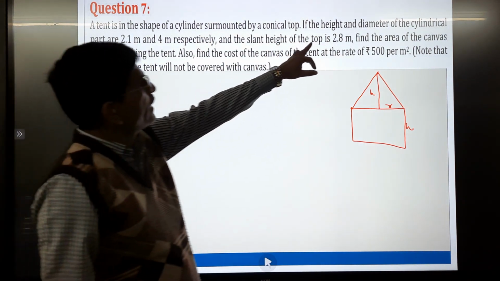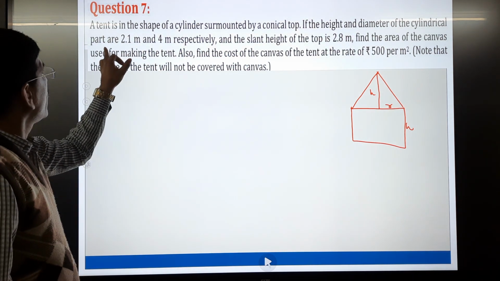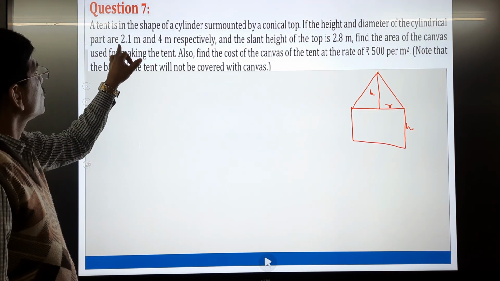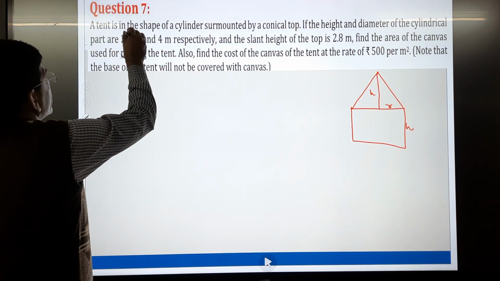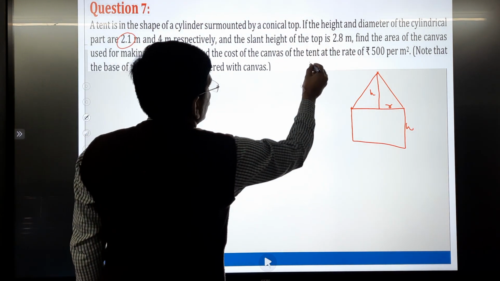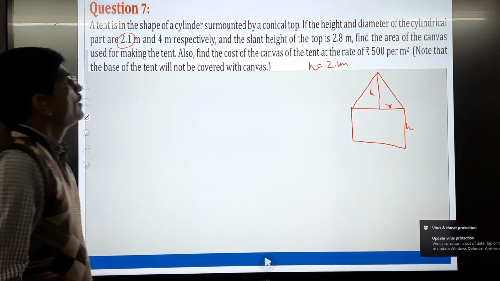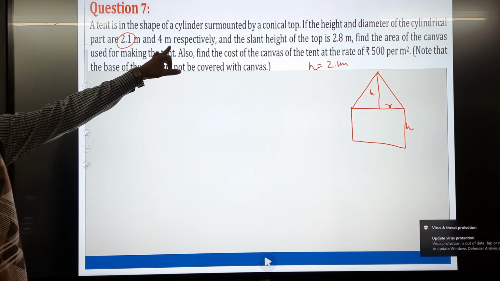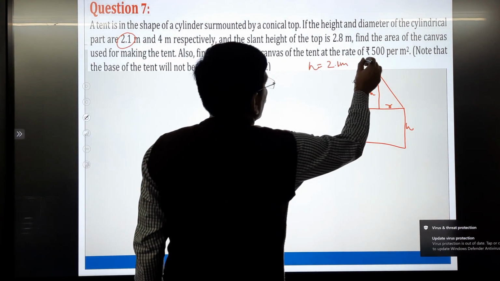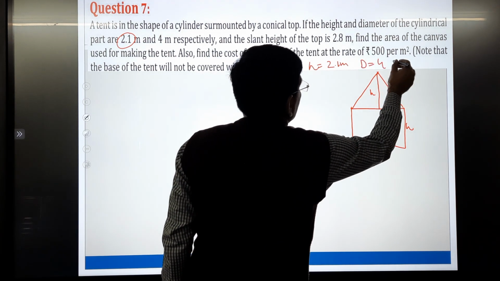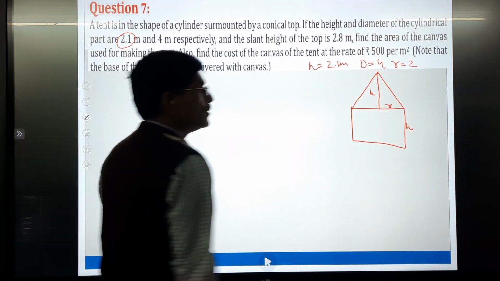If the height and diameter of the cylinder are 2.1 and 4, you see that it is a height. So H is equal to 2.1 meter. And diameter is 4, so radius is equal to 2.